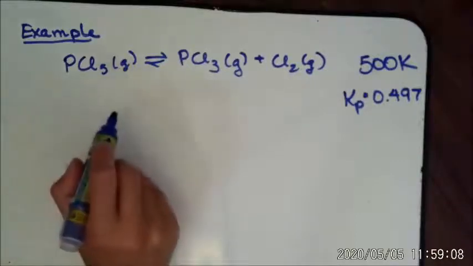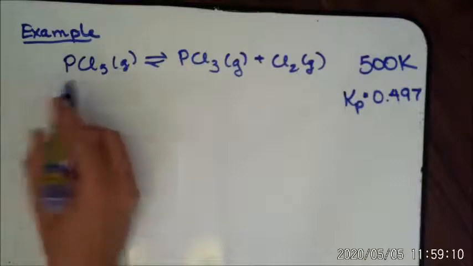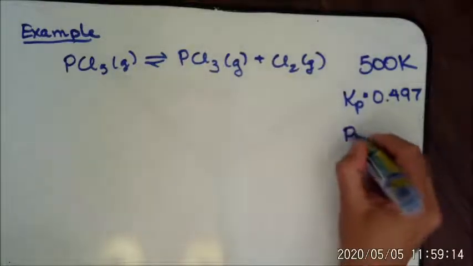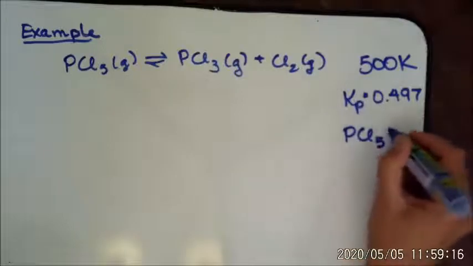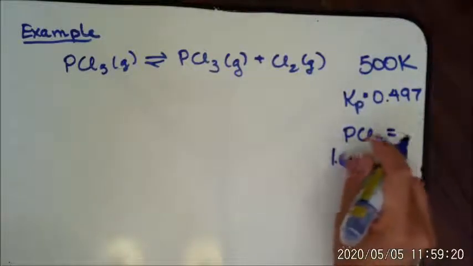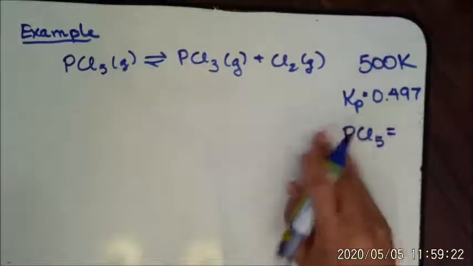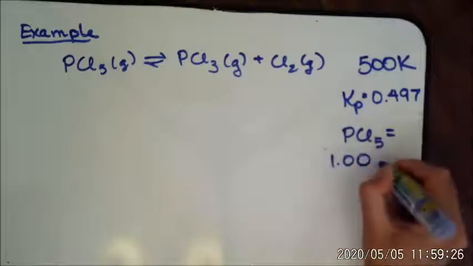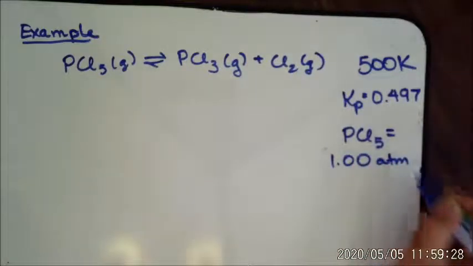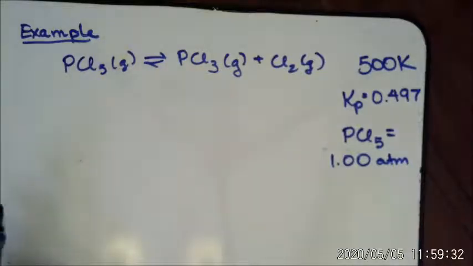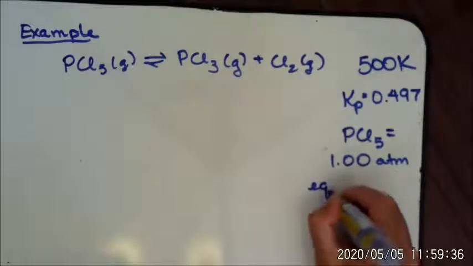And the initial pressures, we charge this with 1.00 atmospheres of my phosphorus pentachloride. And I want the equilibrium pressures.